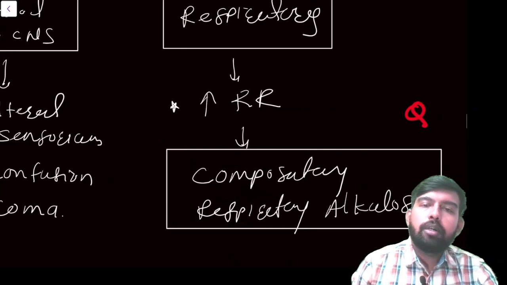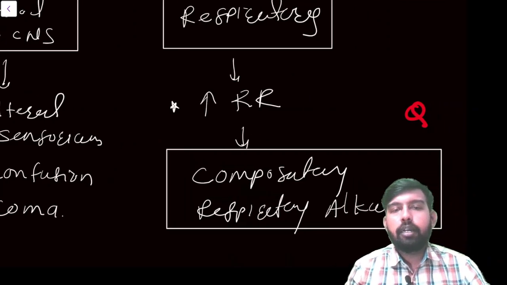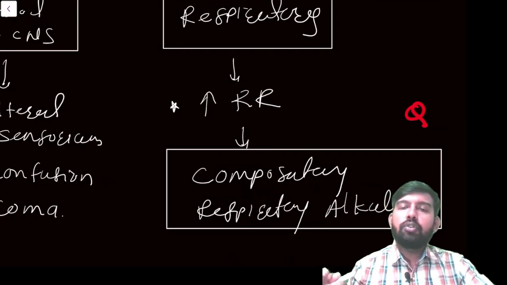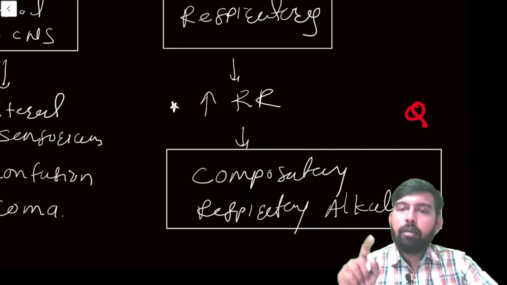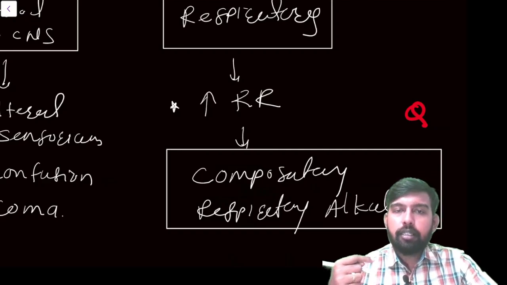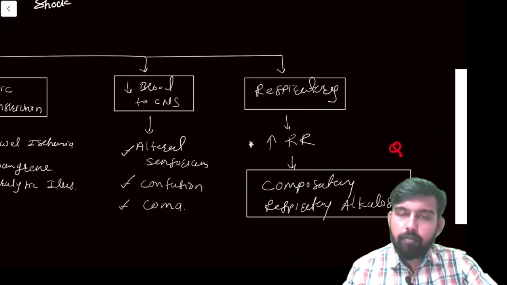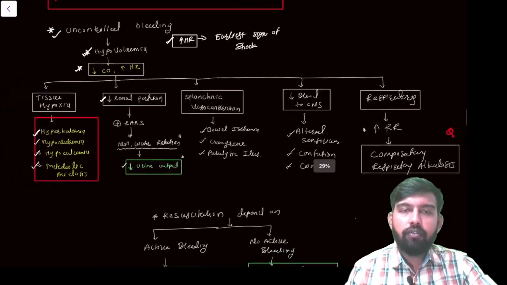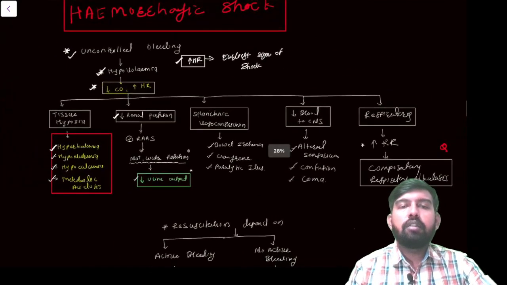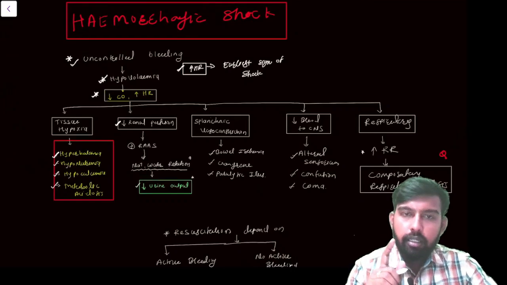This is also because of the compensatory respiratory alkalosis. The body tries to compensate for the metabolic acidosis by increasing the respiratory rate and forming compensatory respiratory alkalosis. So these are the systemic effects of hemorrhagic shock.